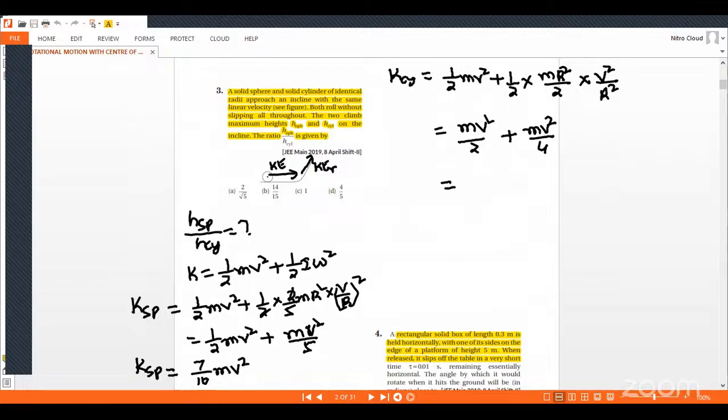That is 3 by 4 mv square. So kinetic energy we got now.